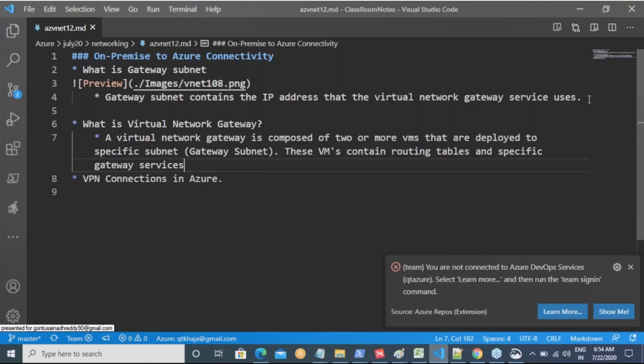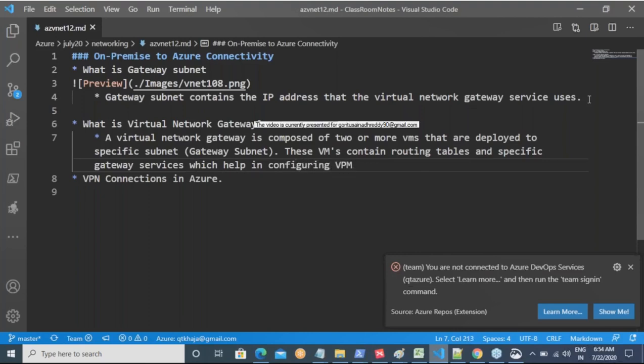Okay. What are these gateway services meant for? These gateway services help in configuring VPN connections.